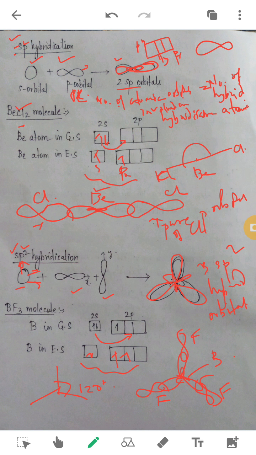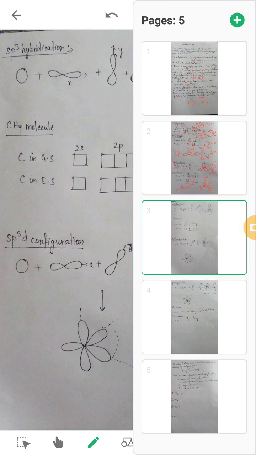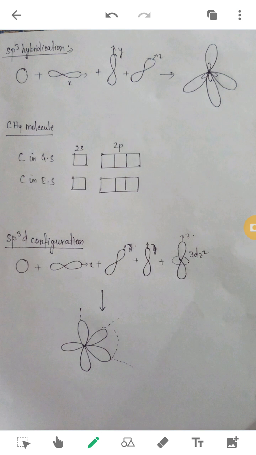Next we go for the bond formations where we will see sp3 hybridization. We start with s, and 3 of the p orbitals, that is px, py and pz, are involved in the bond formation.